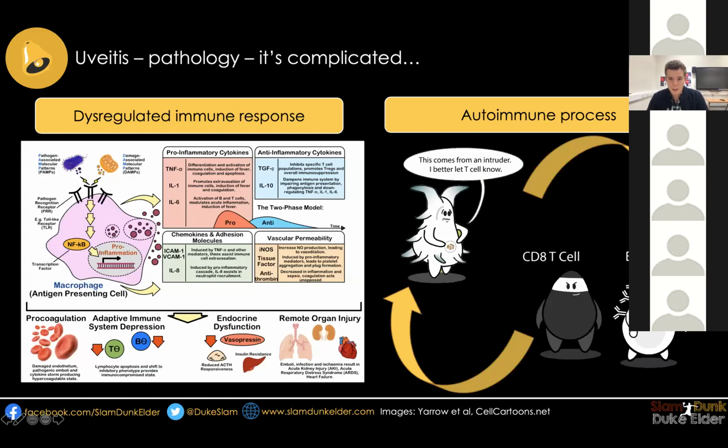So just super quickly, let's talk about the difference between a dysregulated immune response and an autoimmune response. A dysregulated immune response is one that was meant to be a local inflammatory response, but then becomes systemic, and this can happen anywhere. Ignore all the inner text, this was from an essay I did a while ago. You have a pathogen, or some products of a pathogen after a damage response from our innate immune system.